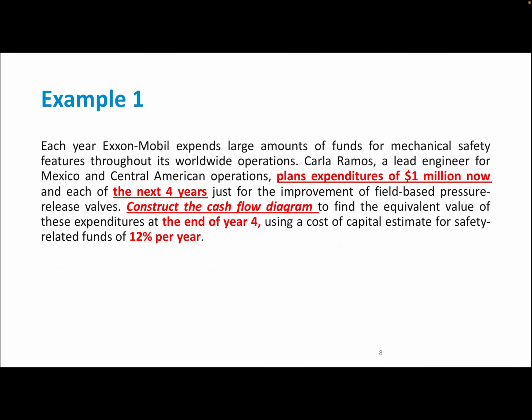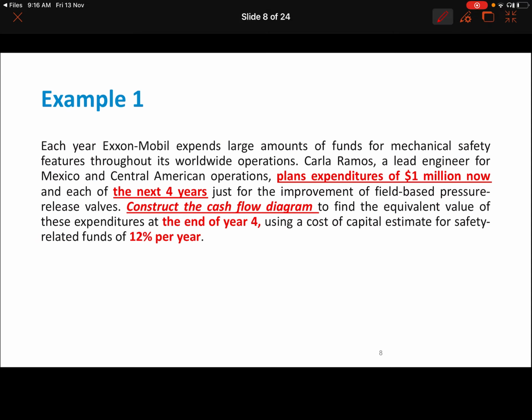For example, each year ExxonMobil expends a large amount of funds for mechanical safety features throughout its worldwide operations. Carla Ramos, a lead engineer for Mexico and Central American operations, planned expenditures of 1 million now. The problem says 1 million right now.